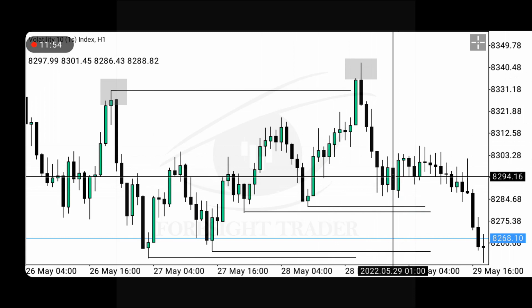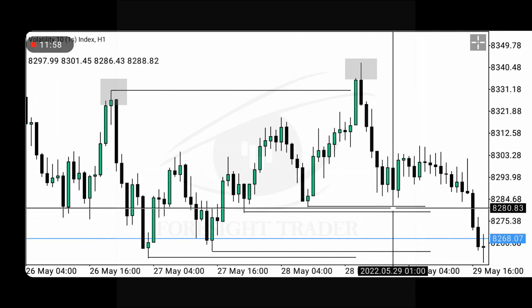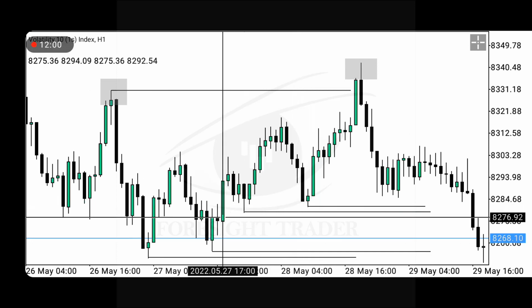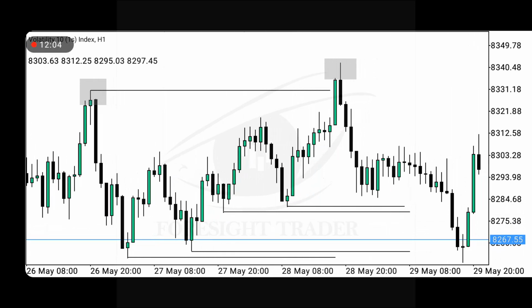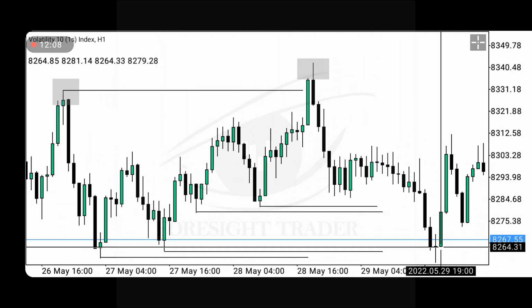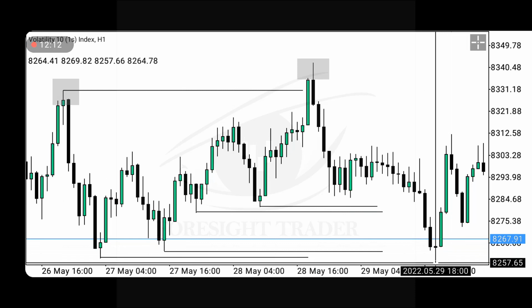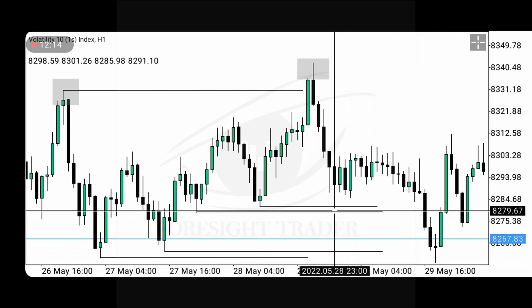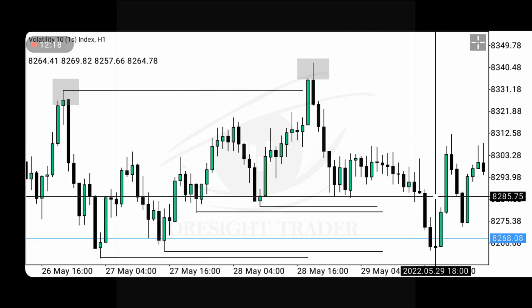The market stalled for a while here, consolidated, then started breaking down again, grabbing the liquidity that is here, and here. You can see that the market breaks down and grabs all the liquidity that is there. Immediately price grabbed all the liquidity, converted all the sell stops into market orders and started moving impulsively.